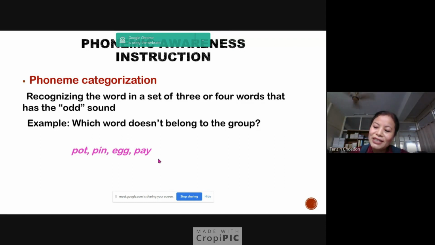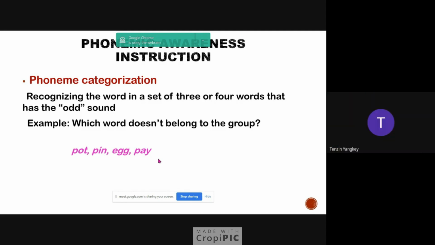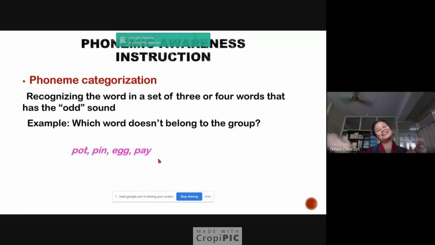Now who is going to tell which one doesn't belong to the group? Dog. Okay, so you all are very smart, right? Why doesn't dog belong to the group?